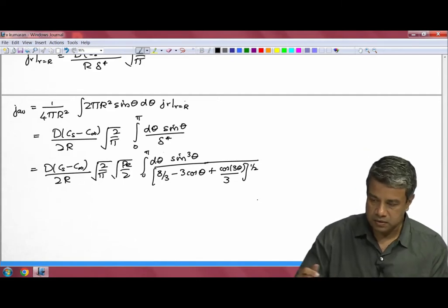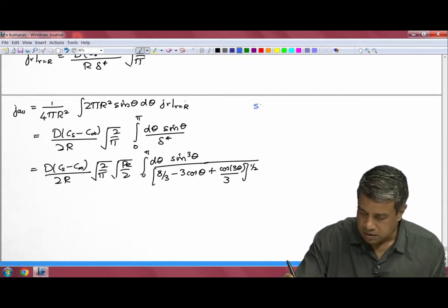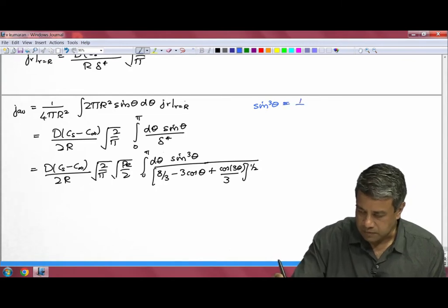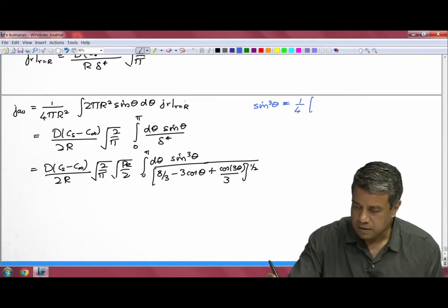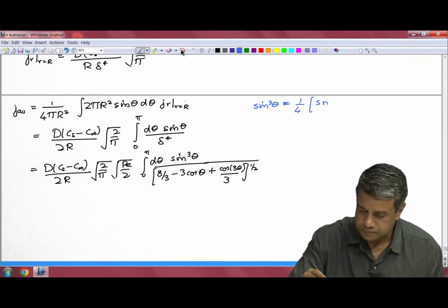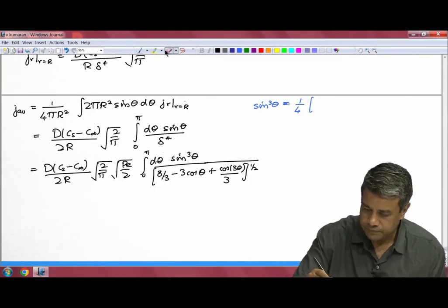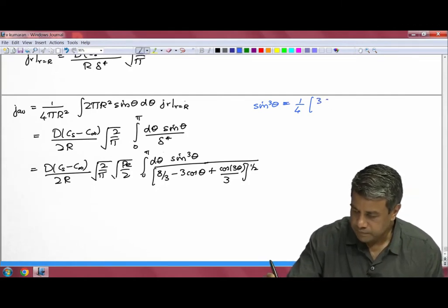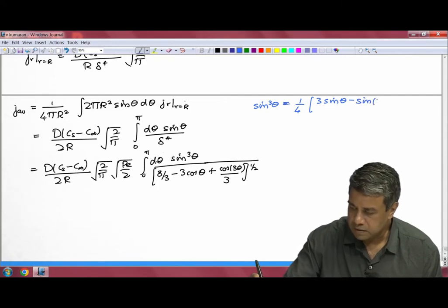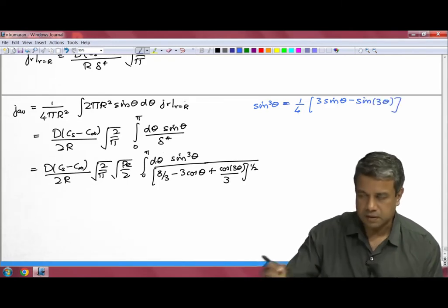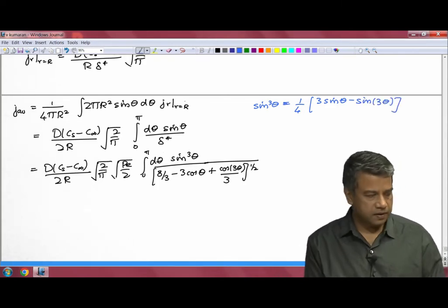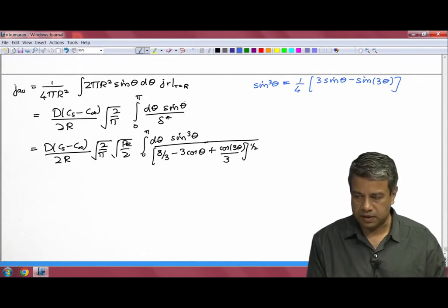Once again I use the substitution sin cube theta is equal to 1 by 4 of (3 sin theta minus sin 3 theta), the numerator here. I will just briefly show you how this is done. I will not go into the details.